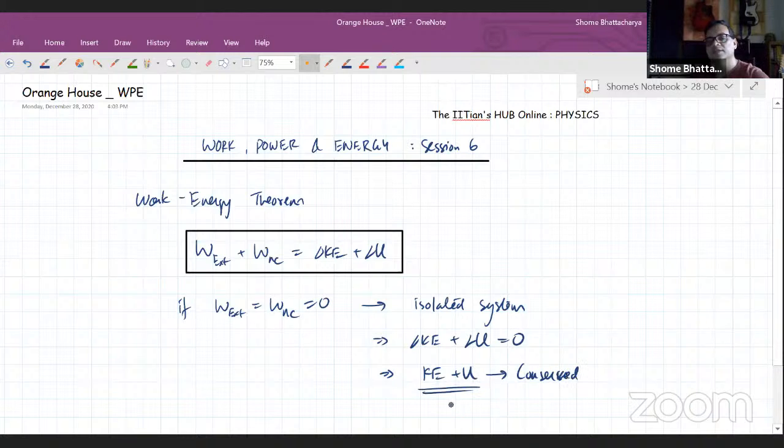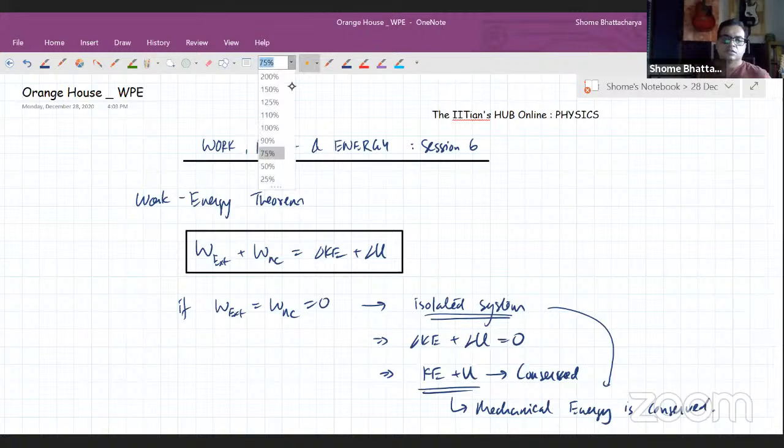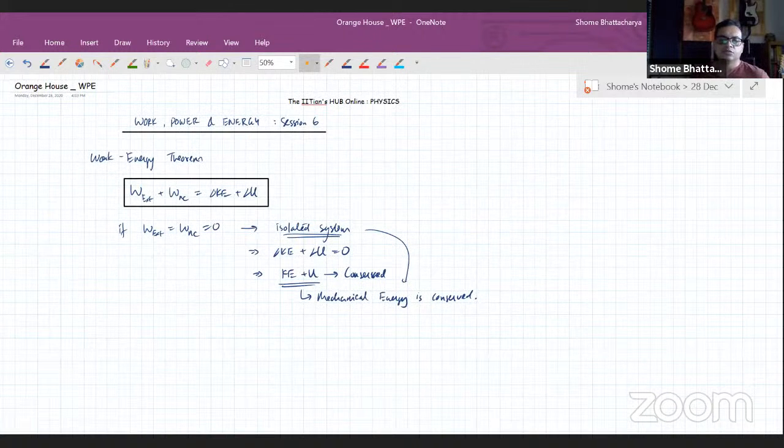The sum of kinetic and potential is called mechanical energy. So for an isolated system, the mechanical energy is conserved. This is the general application of the work energy theorem.